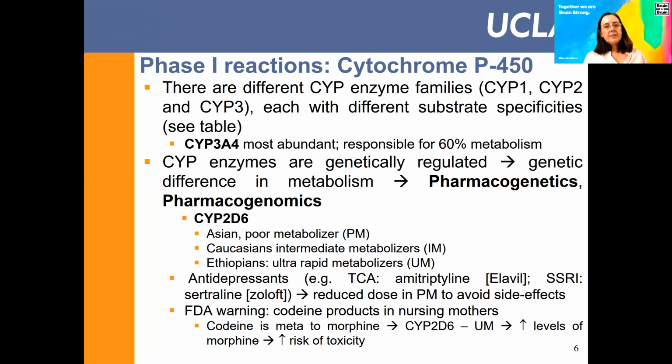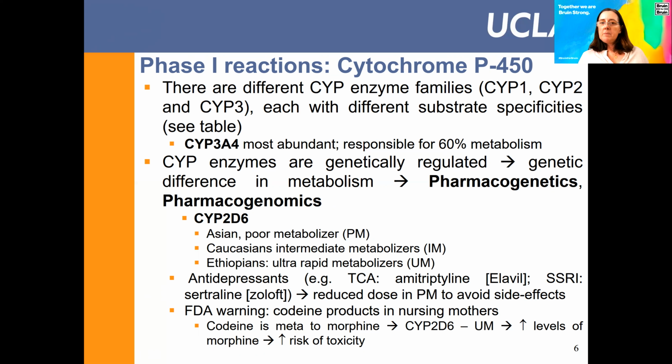And so if you have two drugs that are metabolized by the same enzyme, or if you have one that is inducing the CYP3A4 enzyme, it is going to lead to a faster degradation of another drug that may be metabolized by that CYP3A4 enzyme.